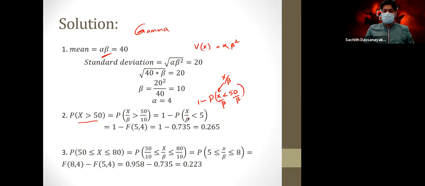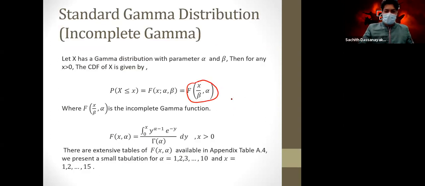You will get x over beta less than 50 over 10, since beta is 10, which is 5. So you need to find x over beta less than 5. Don't get confused: in the incomplete gamma, you have to find this and use it to find P(X less than or equal to x).